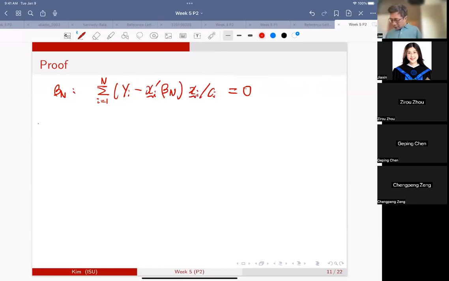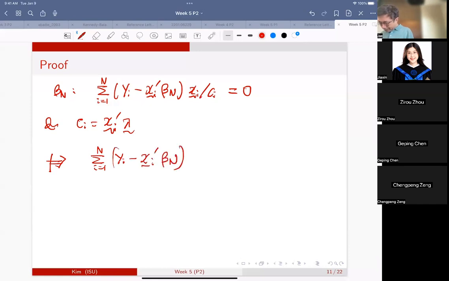Plus, we want to use c_i equal to x_i prime lambda. That implies what we want to show.